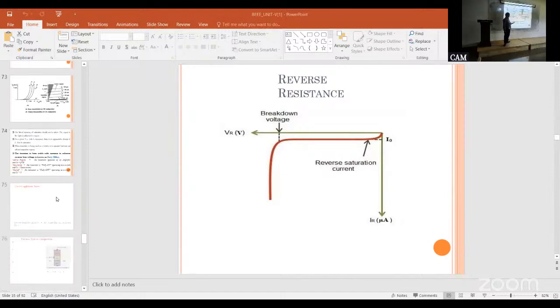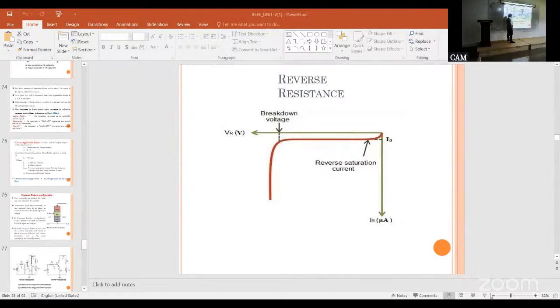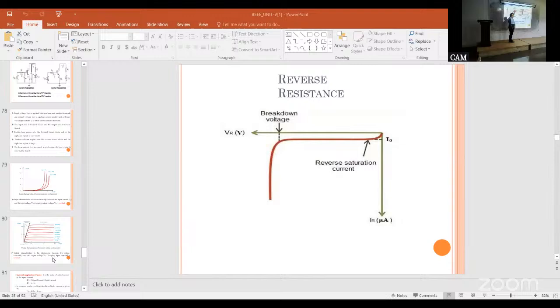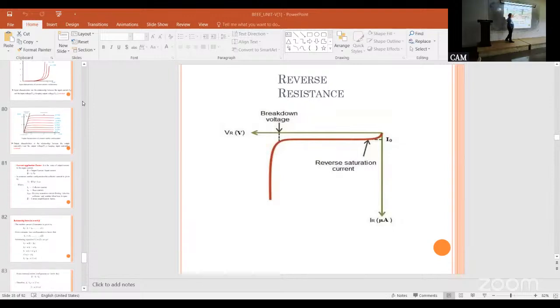After increasing the emitter base voltage, it behaves like a simple PN junction forward bias. So this is about input characteristics, input voltage and input current.